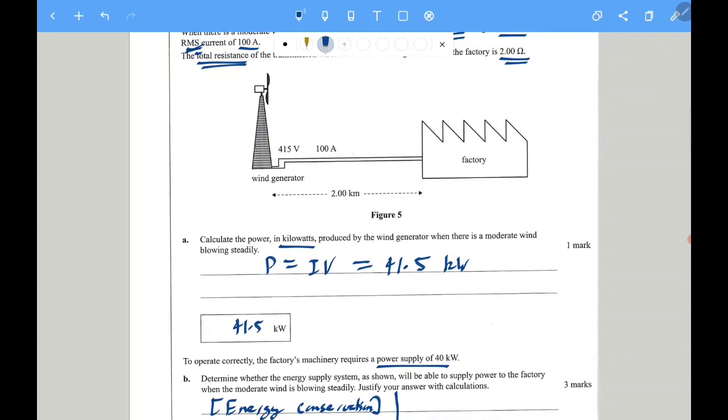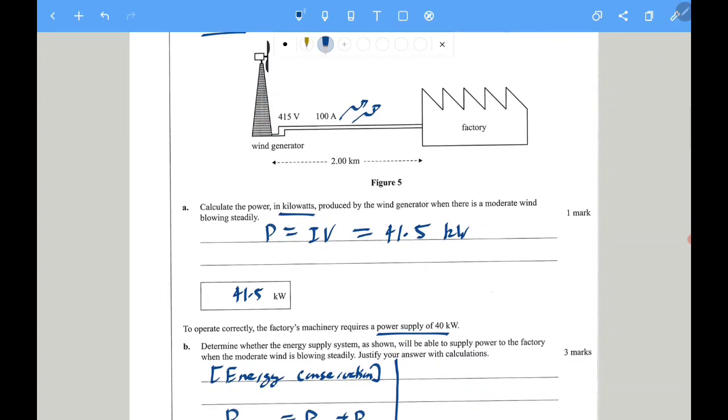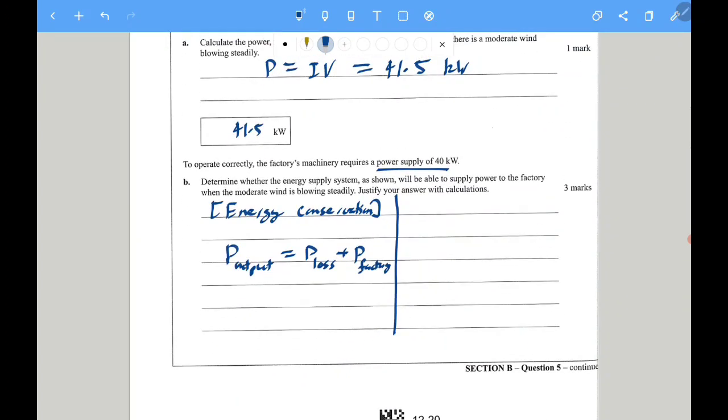So we have two means of power loss. So therefore, the power that the factory receives must be the difference between the output power and the power that's lost.